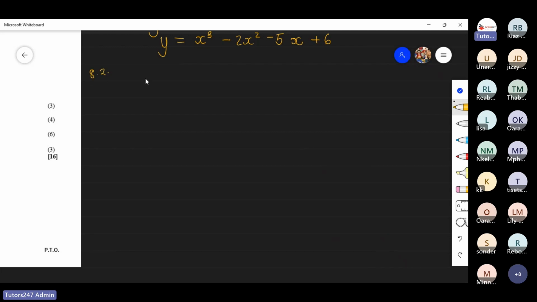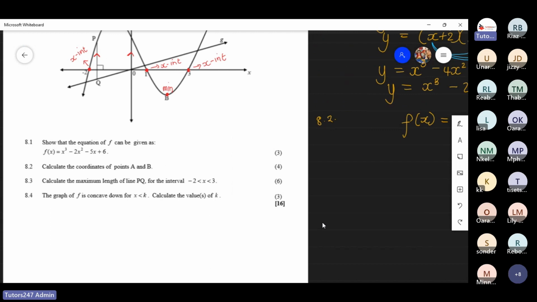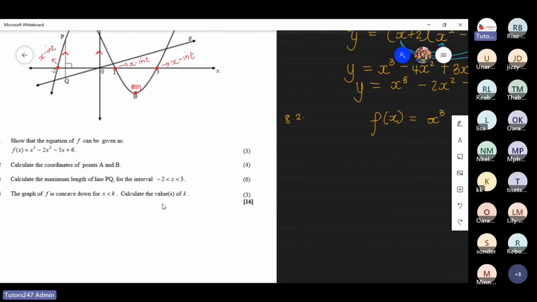For 8.2, our function is f of x equals x cubed minus 2x squared minus 5x plus 6. We need to find the stationary points of this function, which are labeled A and B. Let me double check: minus 2, minus 5, yes, my function is correct.